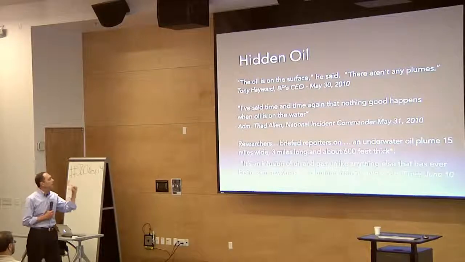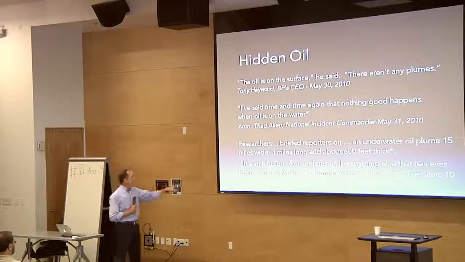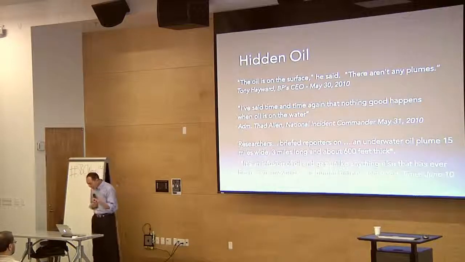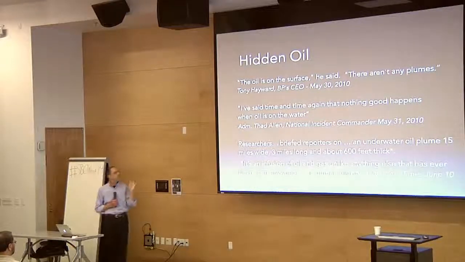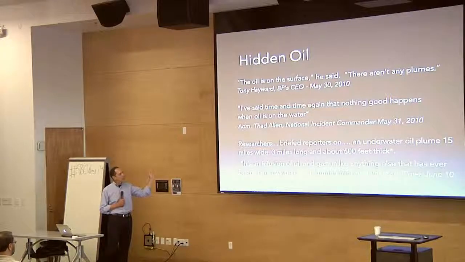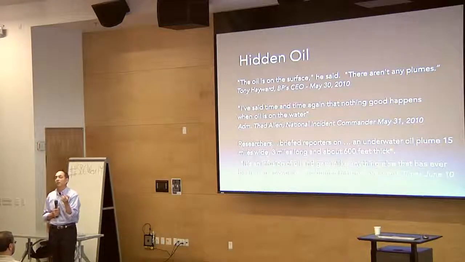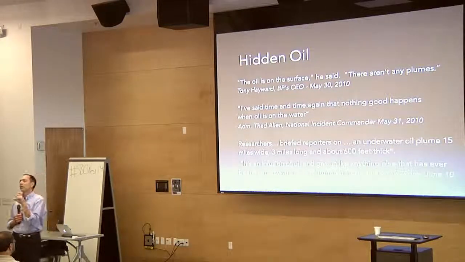Now, unfortunately, this screen slightly cuts off the bottom line here, which is that if you do the calculation on the cubic meters of water/oil in that, it's 24,000 times the amount of oil that was spilled based on the best estimates during the spill. So there were a number of failures there.